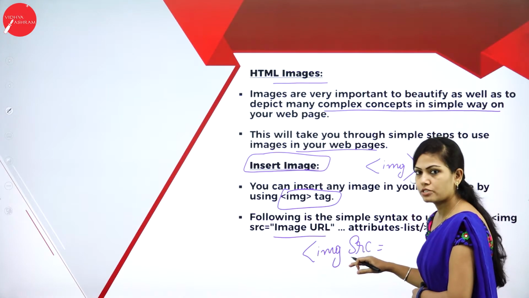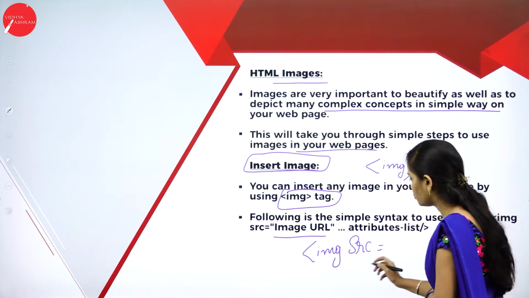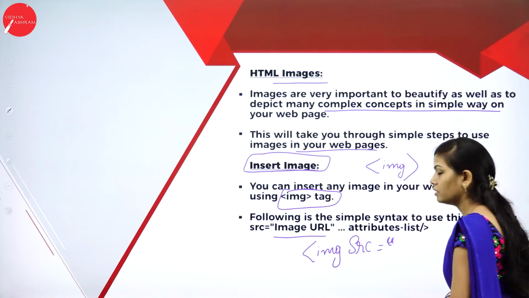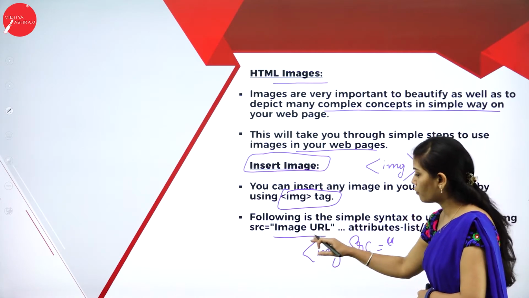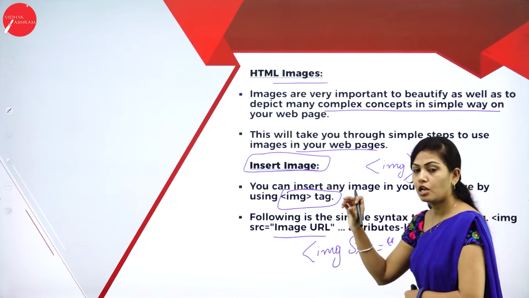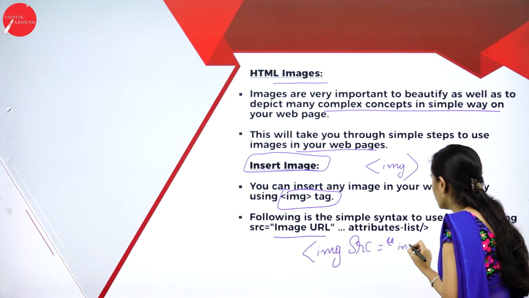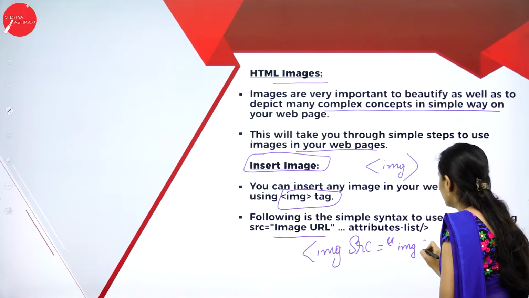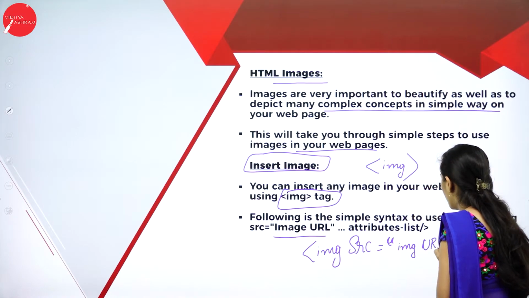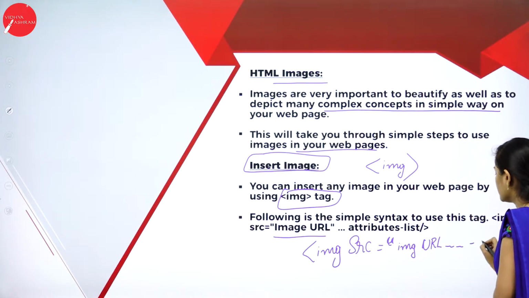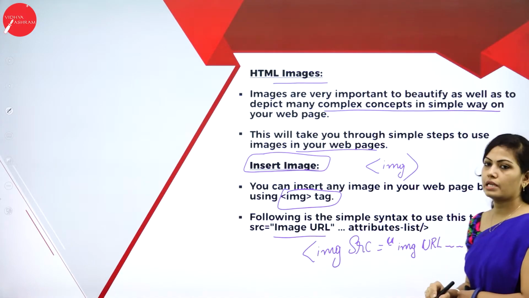After this image and source, you can write the image URL, open double quote, and here you can write the URL, that is Uniform Resource Locator, that is location of your image. And so image URL, you have to type here image URL and the attributes list and close this with /.